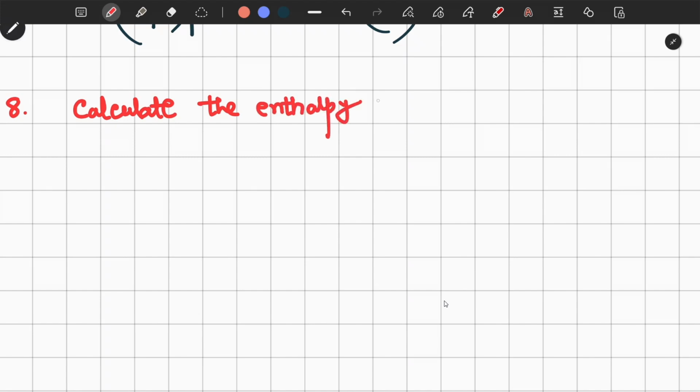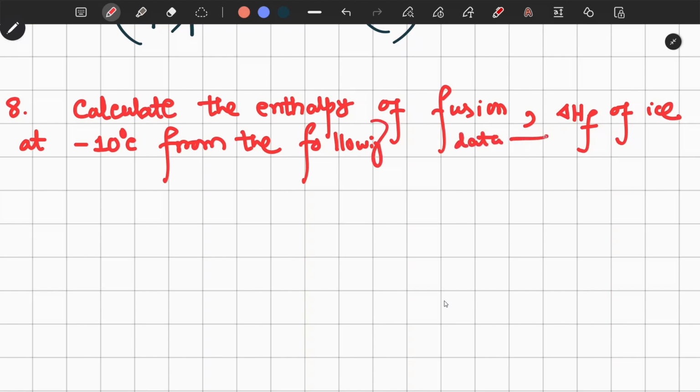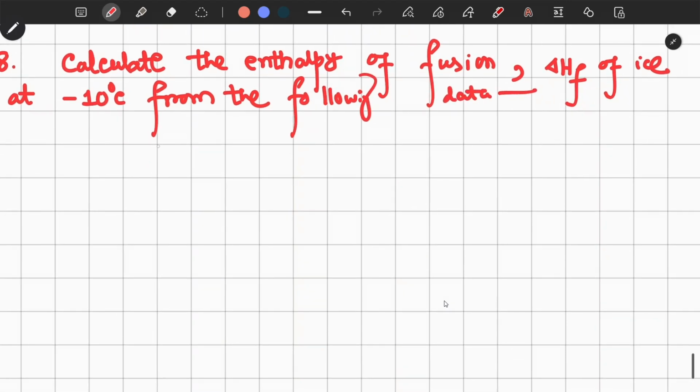Now calculate the enthalpy of fusion, delta H F of ice at minus 10 degree centigrade from the following data. Which data?